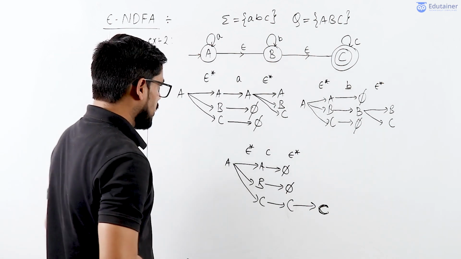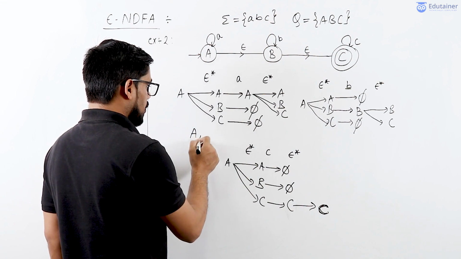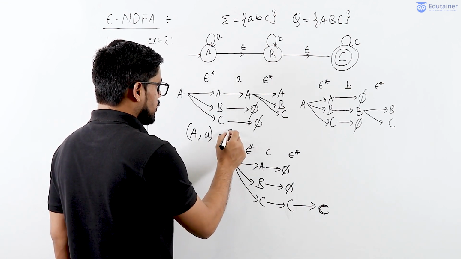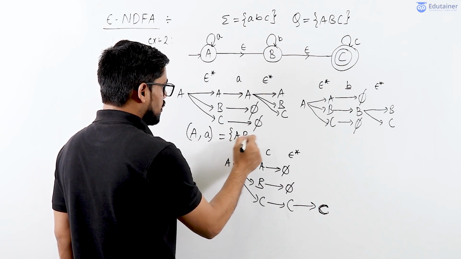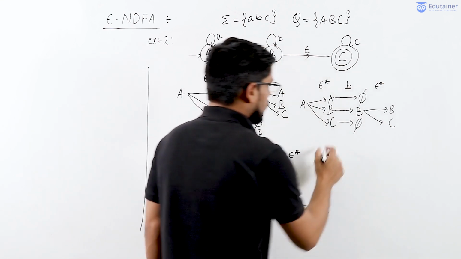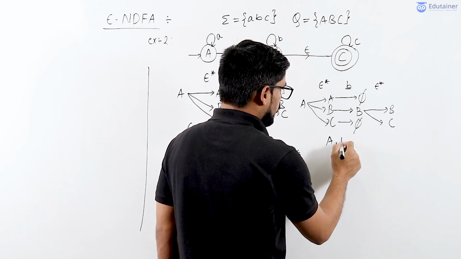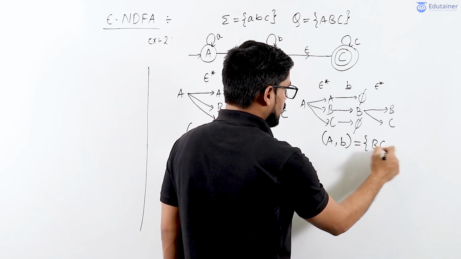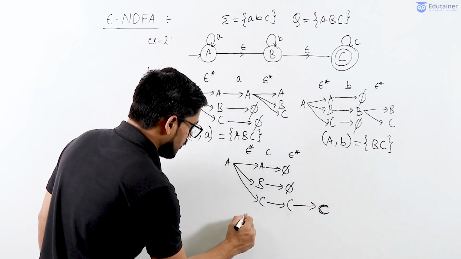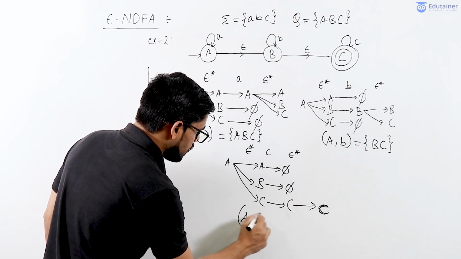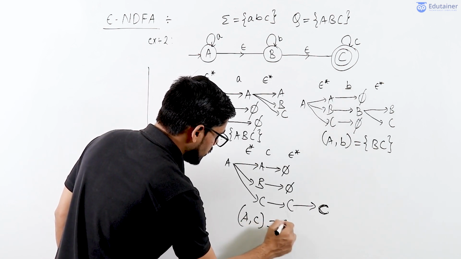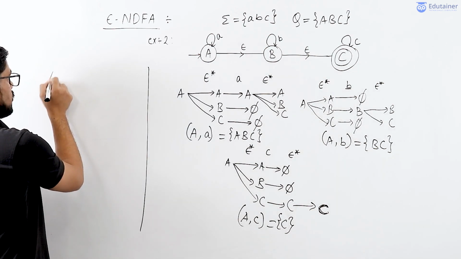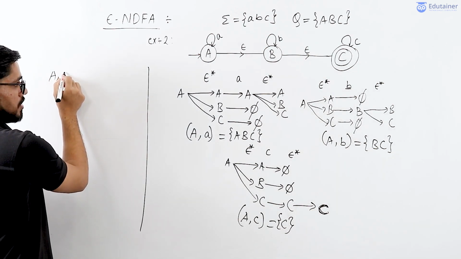Okay. So it means that A, capital A, reading input alphabet small a will go to state capital A, capital B, capital C. A on reading input alphabet b will go to state B and C. And A on input alphabet c will go to state only C. Okay, so just note it down here so that it will be useful in making the transition table.